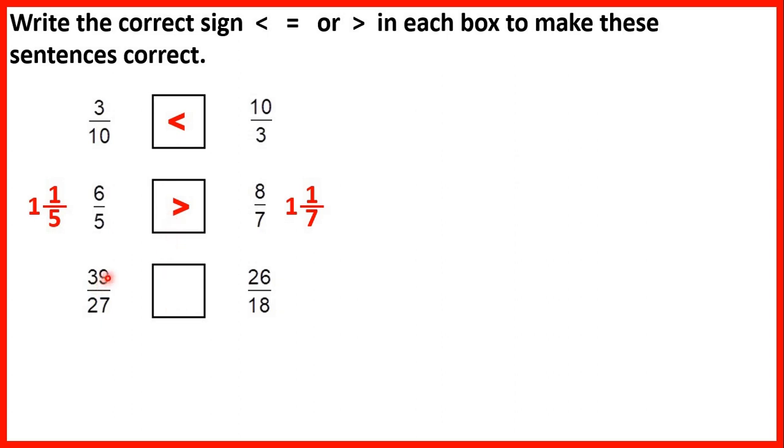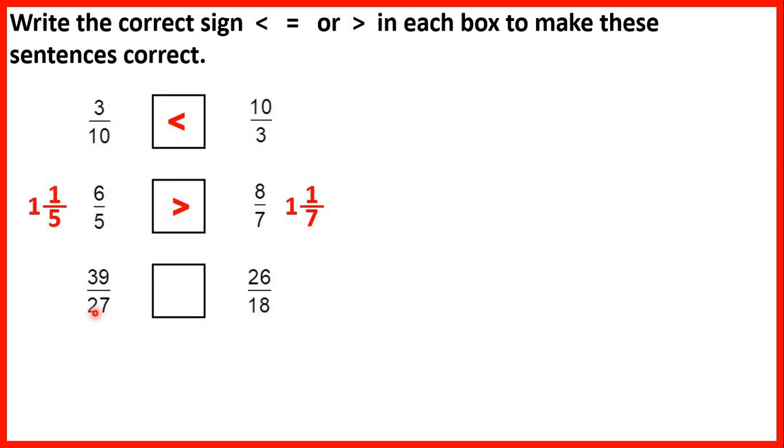And now we have 39 over 27 and 26 over 18. So it would be hard to compare these in the usual way that we do this, which is to make the denominators the same, because we would need a number that's in the 27 and the 18 times tables.